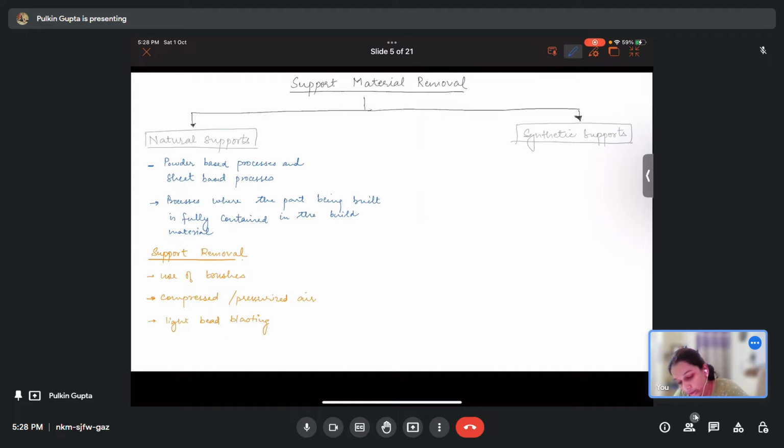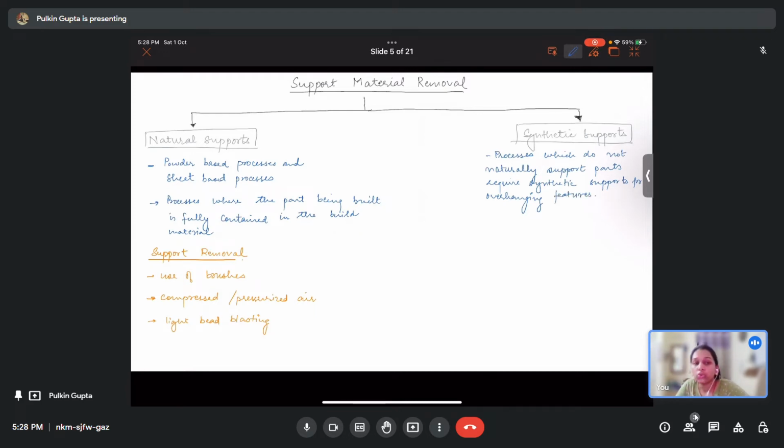Processes which do not naturally support parts require synthetic supports for overhanging features.